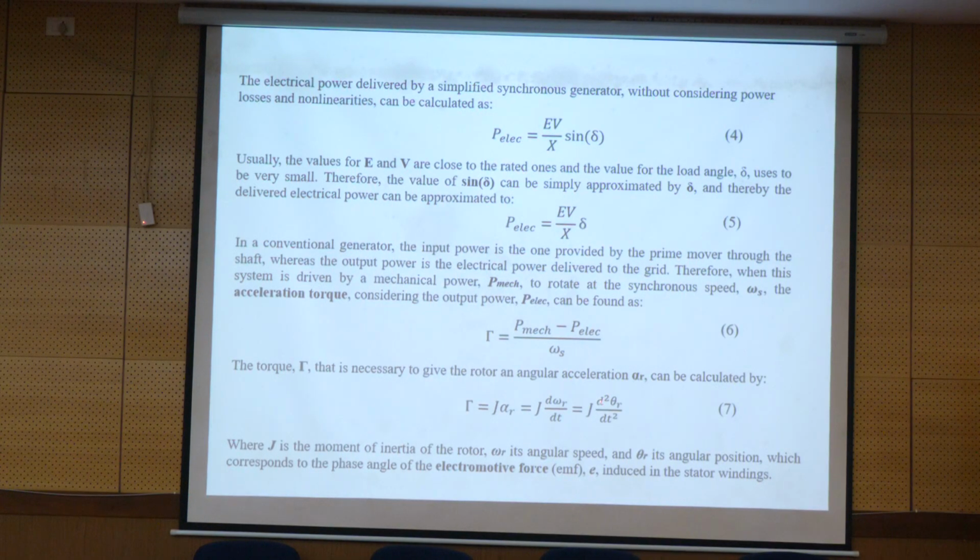By this, we can calculate this torque. J is the moment of inertia of the rotor, omega r is the angular speed of the rotor, and theta is the angular position.